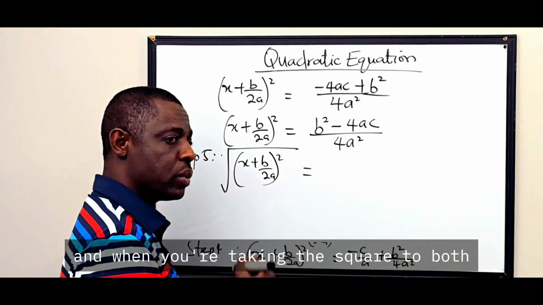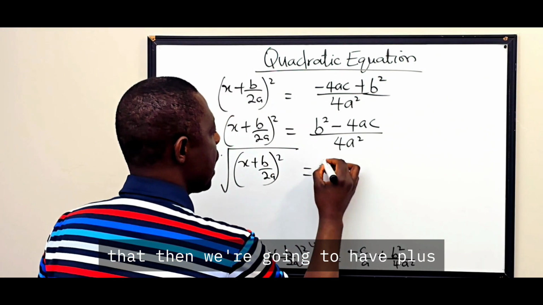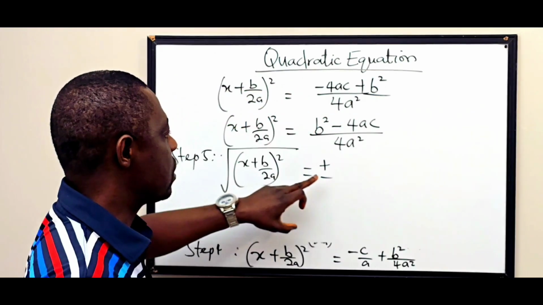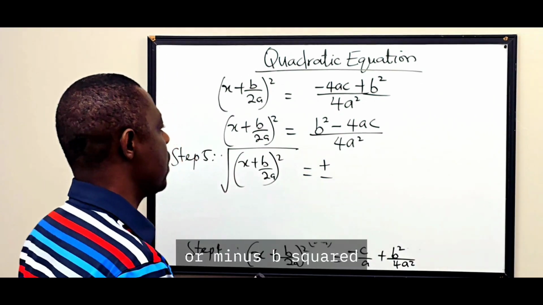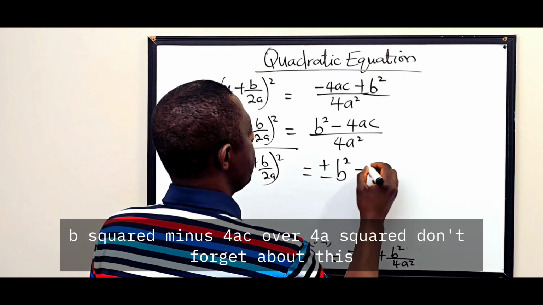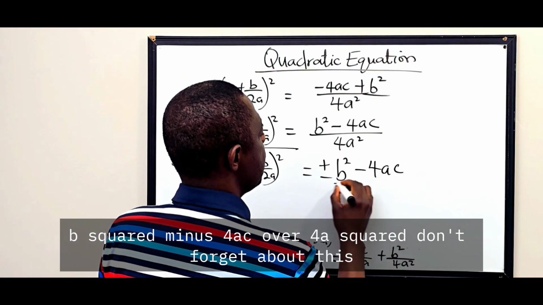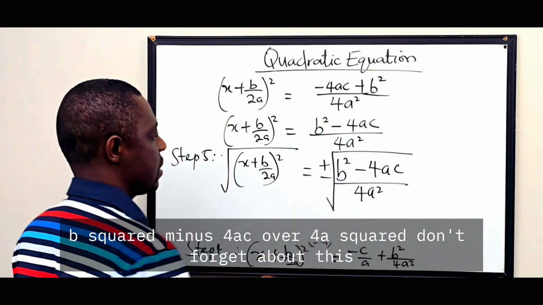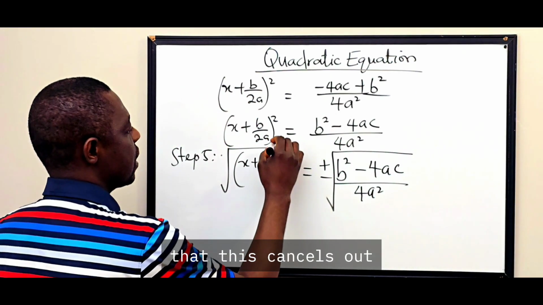When you take the square root of both sides, don't forget that we add plus or minus, because this is an equation. That is why we're going to have two values: plus or minus the square root of b squared minus 4ac over 4a squared. Don't forget about this.